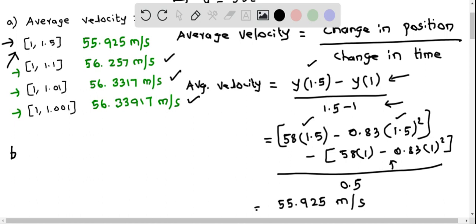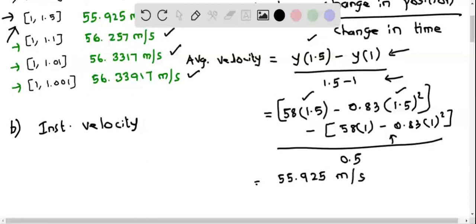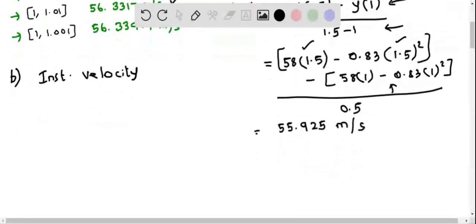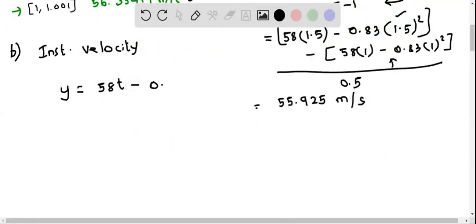Now let's calculate the part B, that is we have to determine the instantaneous velocity after 1 second. So for that we have to find the derivative of y with respect to time and evaluate at time equals 1 second. So I'm going to copy the function y, that is the height function is given as 58t minus 0.83 t square. Let me differentiate both sides with respect to time.